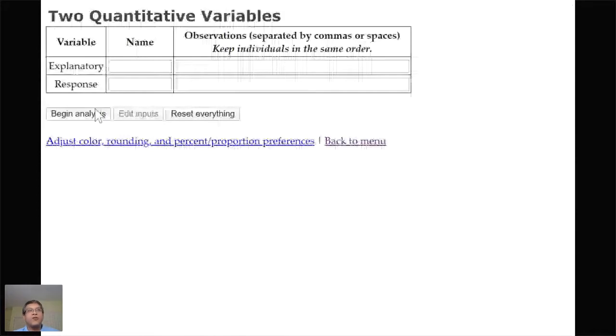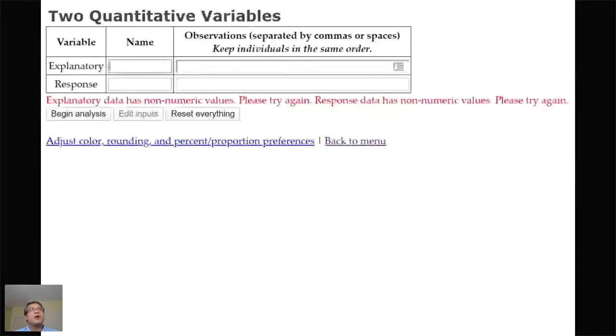I'm just going to call this set A, and so I'm going to put my data in here. My explanatory variable is A, and then I am going to put in another set of data here.